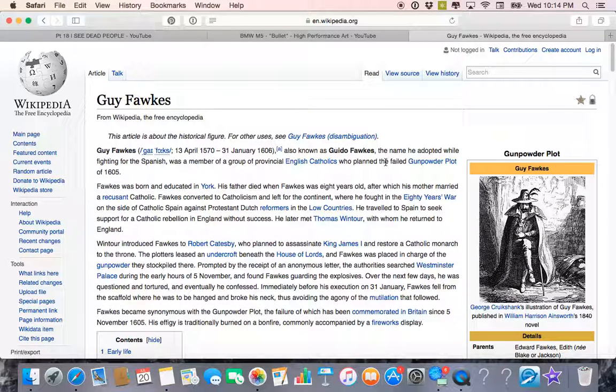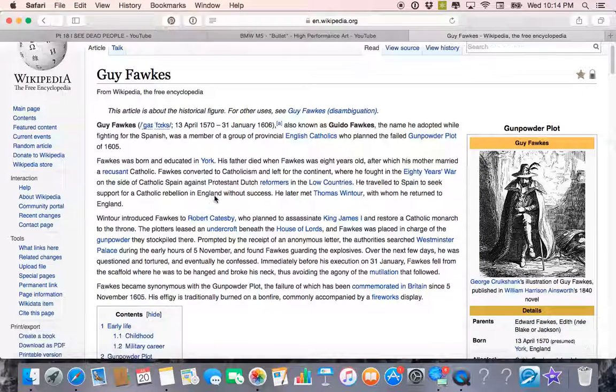Now, Guy Fawkes, okay, he got caught guarding all the barrels of gunpowder and explosives on November 5th, 1605.